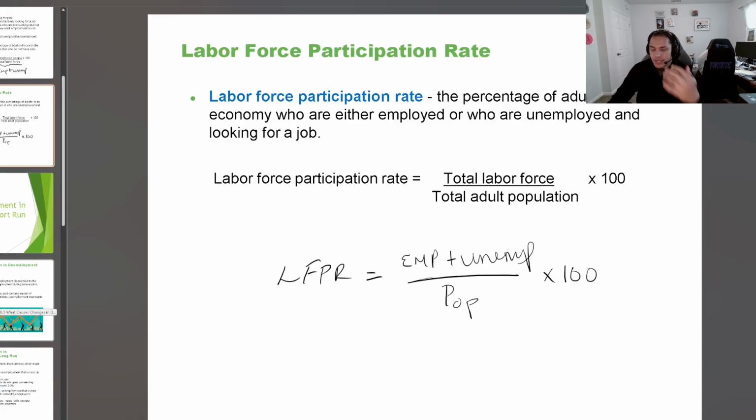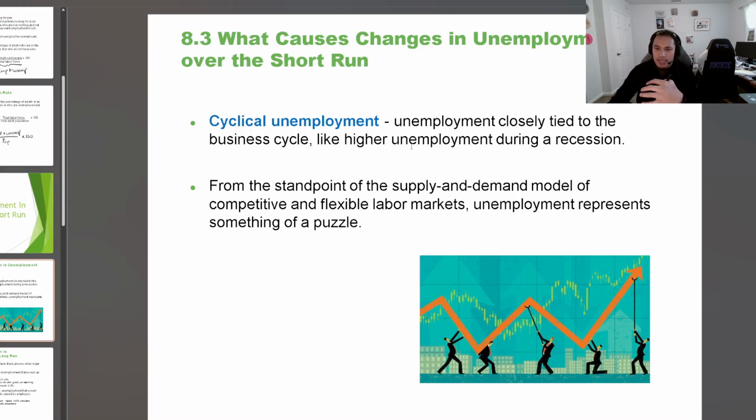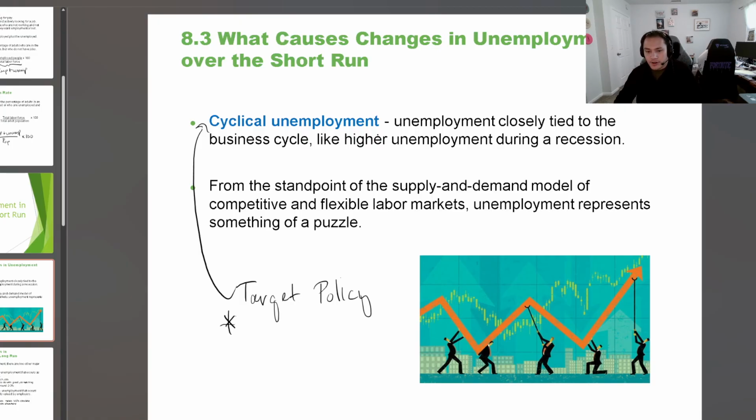We have our different types of unemployment that we think about, with our cyclical being the most important, because cyclical unemployment is the type of unemployment that we target policy towards. So this is when we'll see things like the stimulus checks that we saw in the Trump administration.